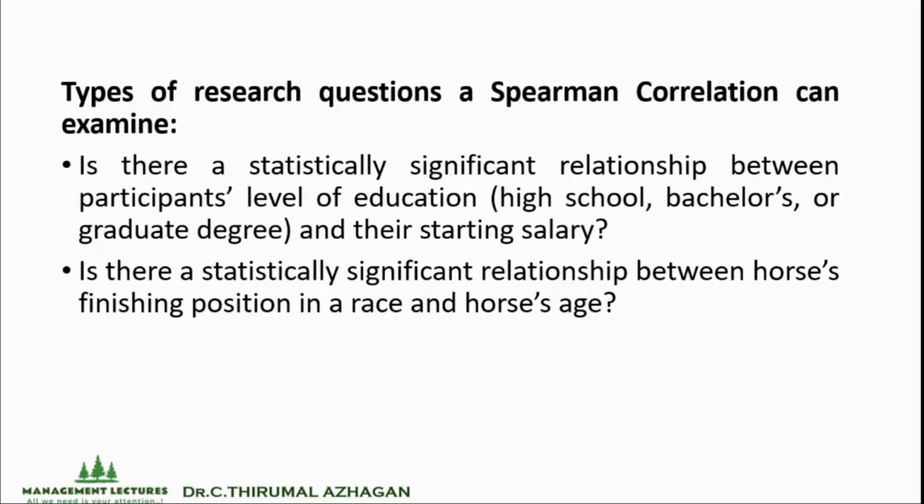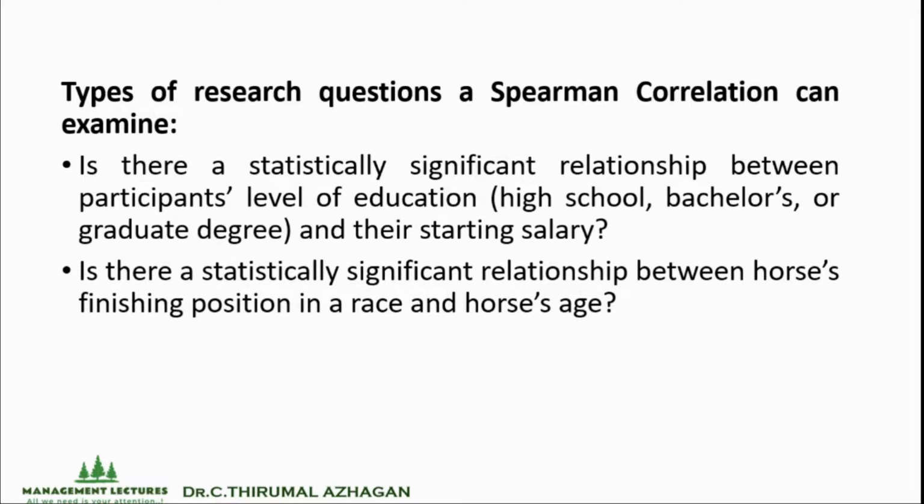And here are certain examples of how the research question can be framed in your questionnaire focusing on Spearman correlation. Is there a statistically significant relationship between the participants' level of education, that is high school, bachelor's or graduate degree, and their starting salary?